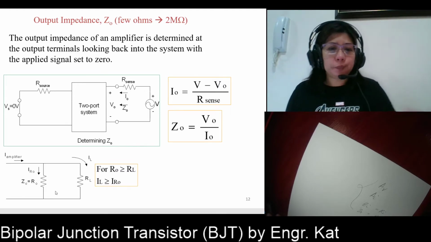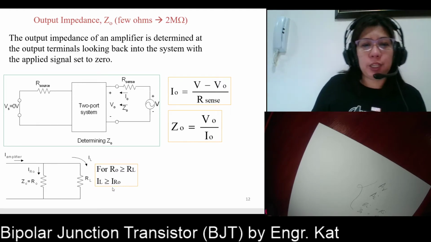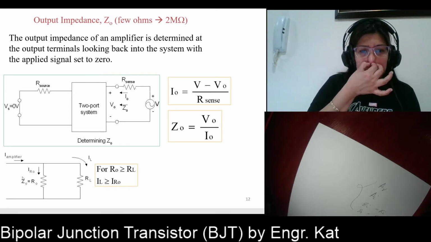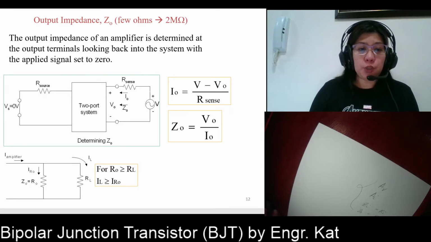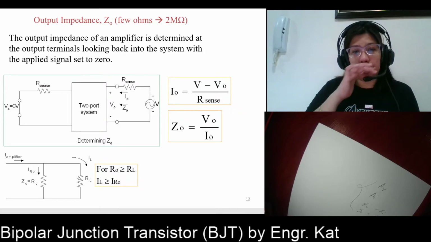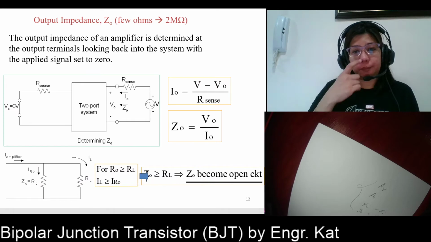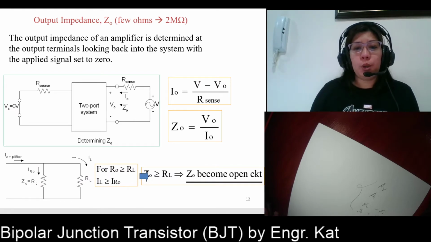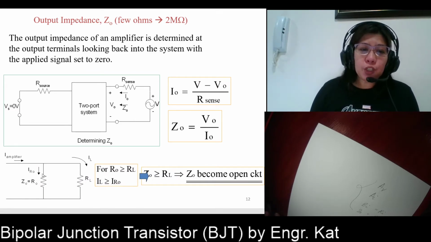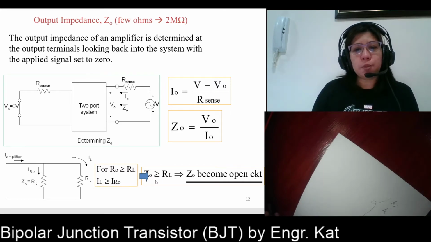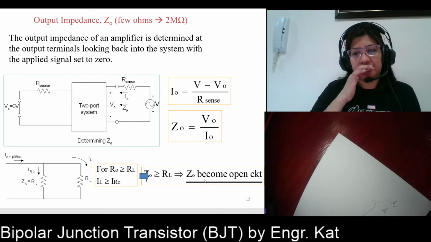Therefore, IL is greater than IRO. We want RO to be greater than your load so that the majority of the current flows across your load resistance. When ZO is much greater than or equal to RL, ZO becomes an open circuit.